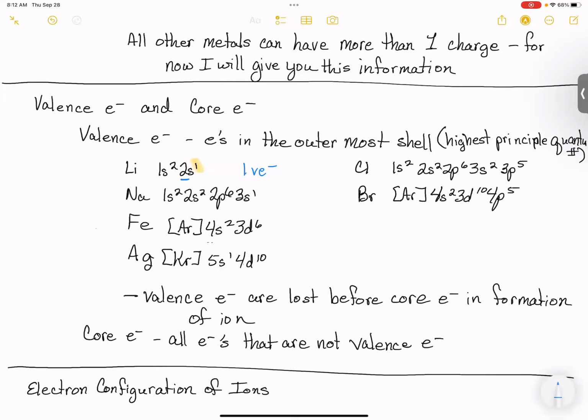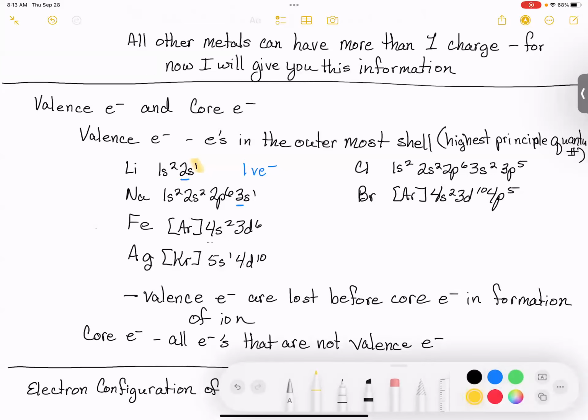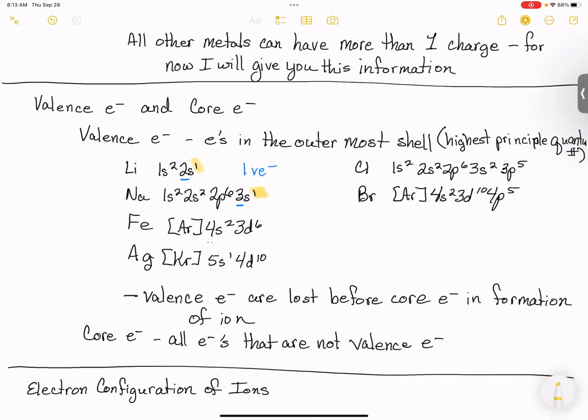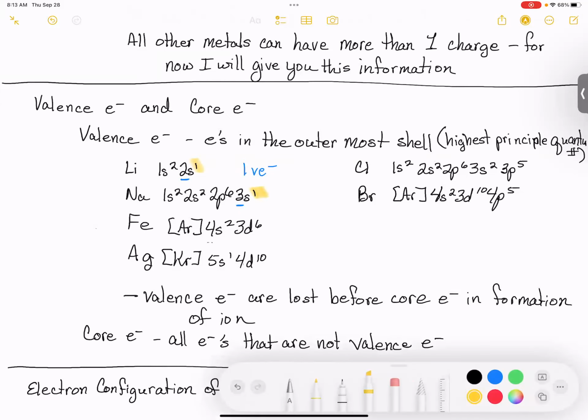Just to illustrate that, let's look at sodium. Sodium's highest shell is 3. And just like lithium, there is only 1 electron in that highest shell.